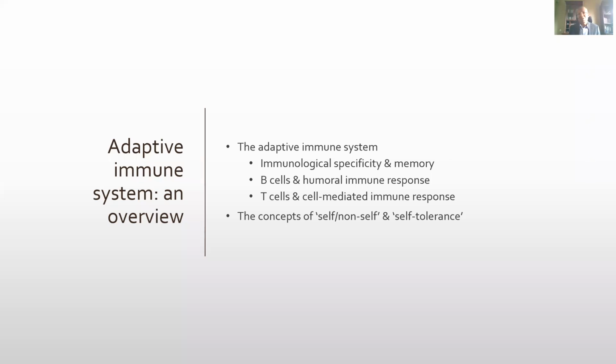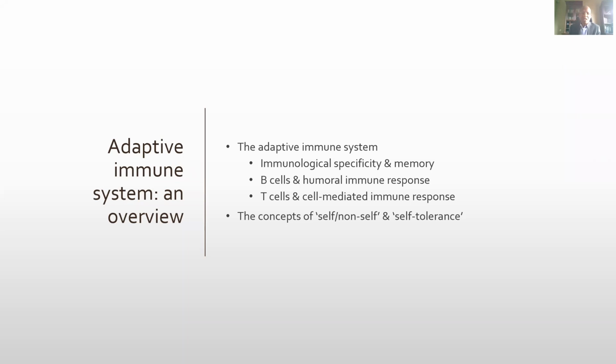It is very rapid because it retains that memory, and it will be there if you encounter that pathogen again to aid in its elimination. It involves B cells, which act through antibodies, and T cells, which act through the cell-mediated immune system.